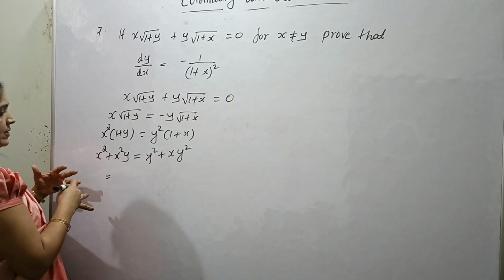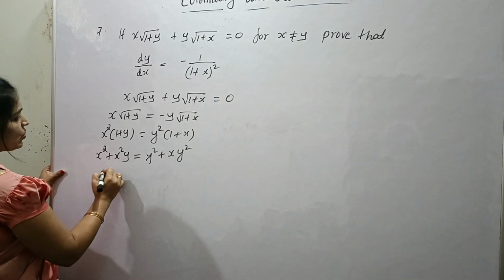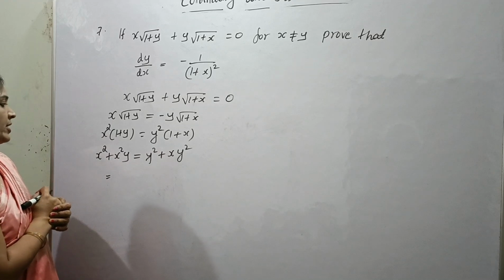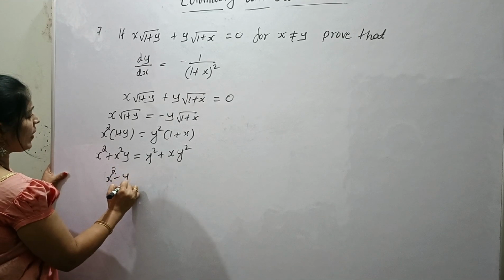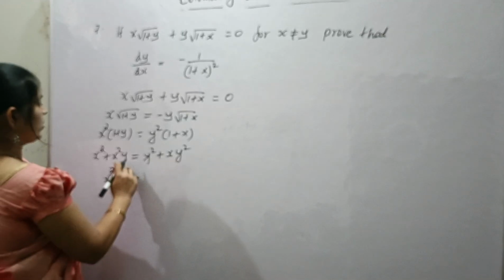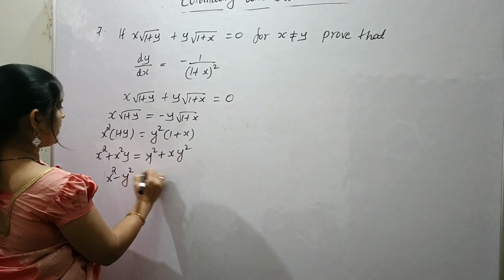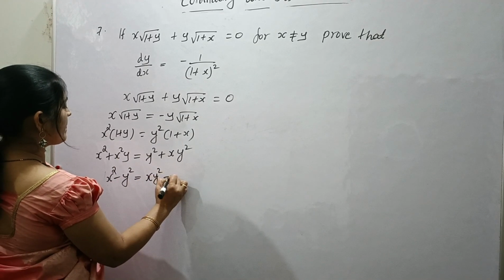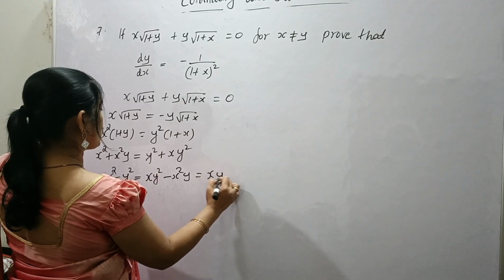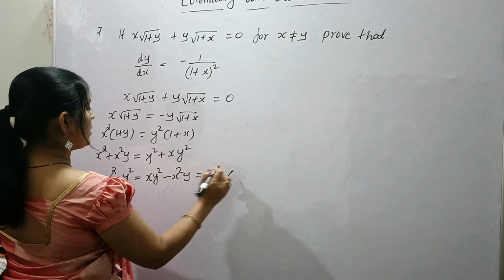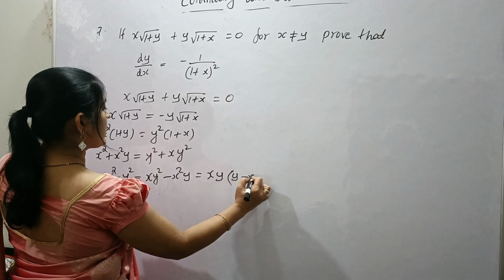Let's take all the y terms together. So x square minus y square is equal to x y square minus x square y. This can be written as xy into (y minus x).